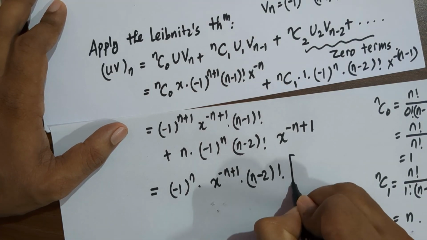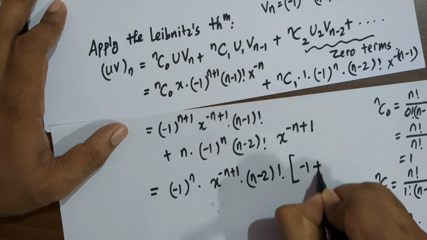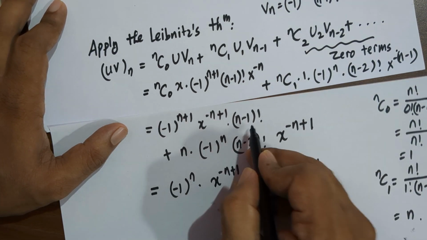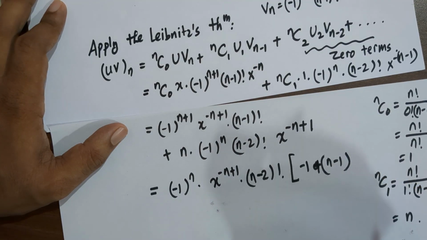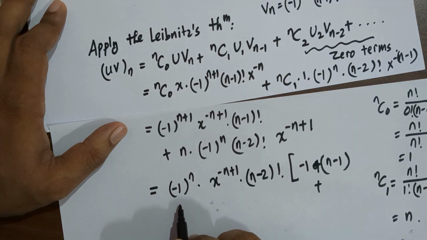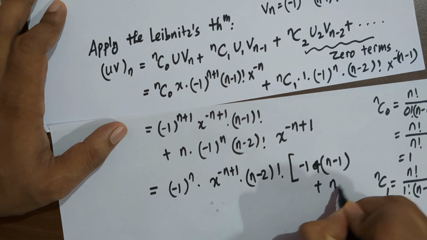So here we are left with minus 1 times n minus 1, plus n minus 2 factorial, and we have n.